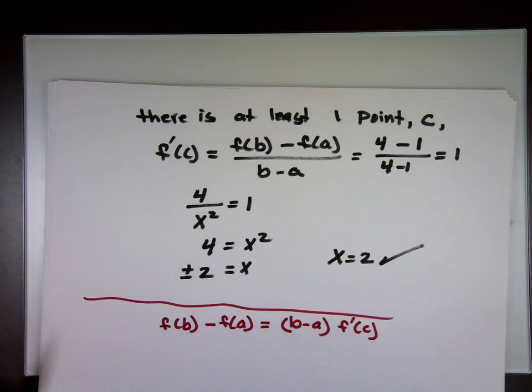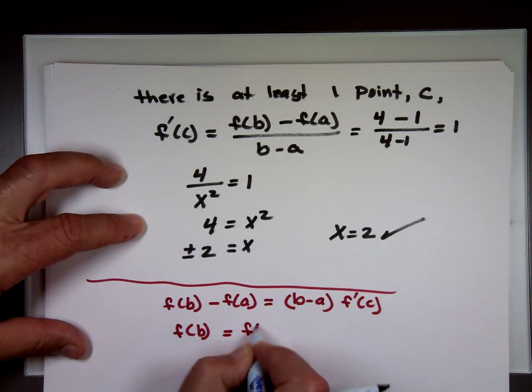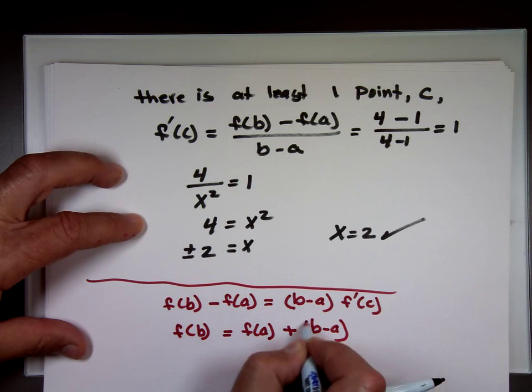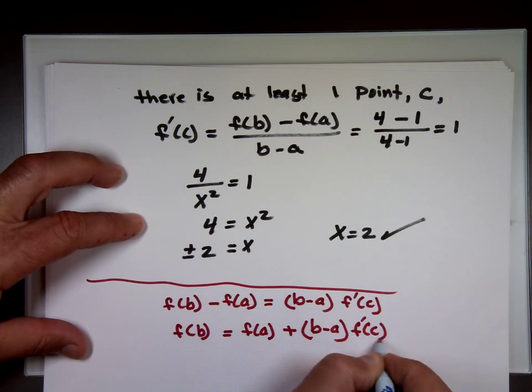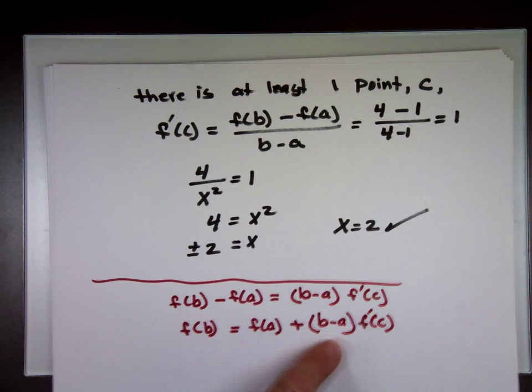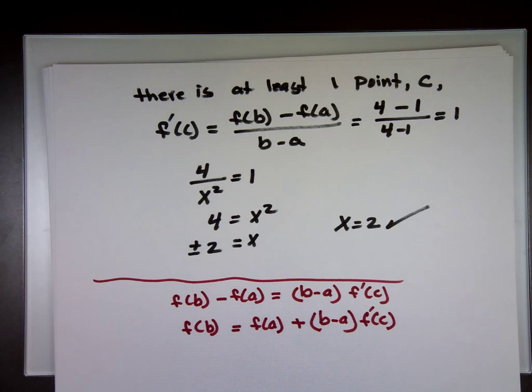Or you might even see it looking like this: f of b equals f of a plus b minus a times f prime of c. I use this a lot for other stuff, but your book is not doing anything with it yet. But that equation is really that equation, it just looks different. So don't be surprised if sometimes it looks different.